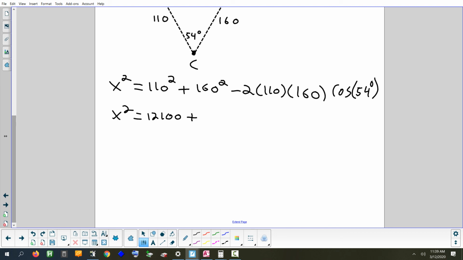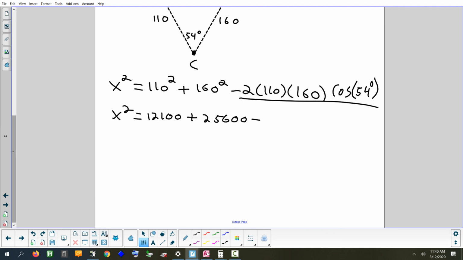And how about 160 squared? 25,600. Minus 2 times 110 times 160 times cosine 54. What do you get if you multiply those 4 things together?